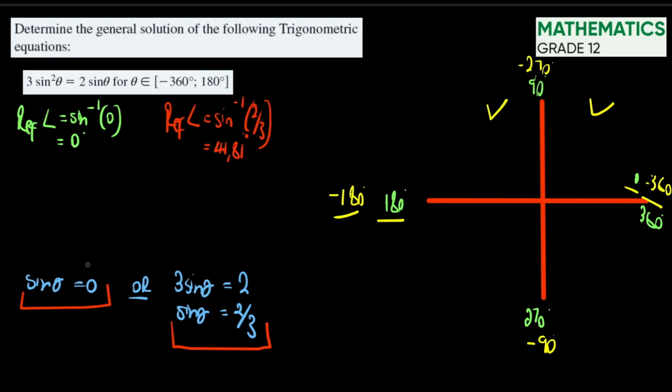And you notice that sine theta is equal to 0, which is positive, sine theta is equal to 2 over 3, which is positive. So raise sine positive. Sine is positive in the first quadrant and in the second quadrant. So we'll be working with only quadrant 1 and quadrant 2, and the same thing for sine theta is equal to 2 over 3. Those are the two quadrants we'll be working with.